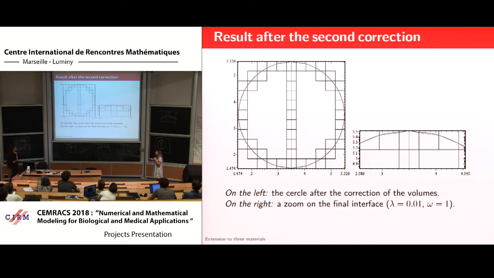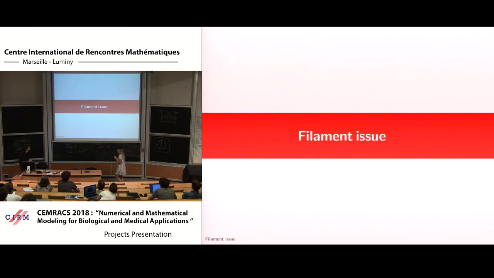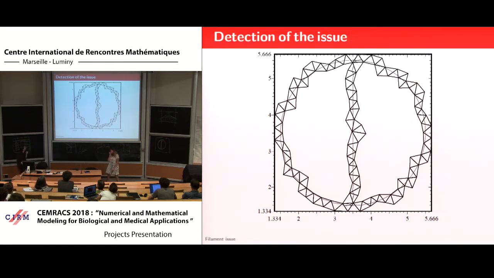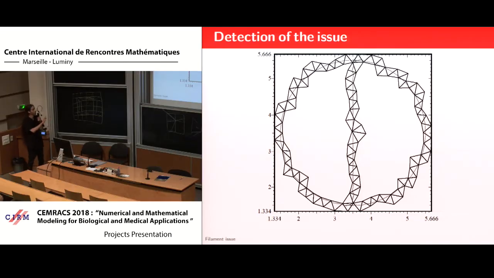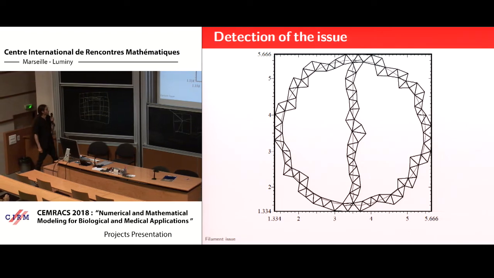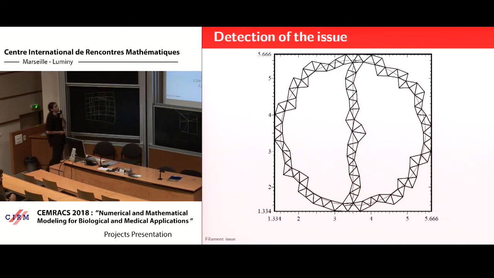So at the moment when we passed to unstructured meshes, we had some issues. Here we have an illustration of the same algorithm, but on an unstructured mesh, and it looks like it constructs the interface quite well.